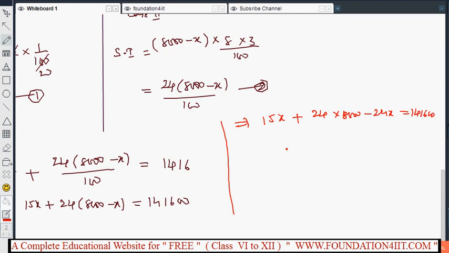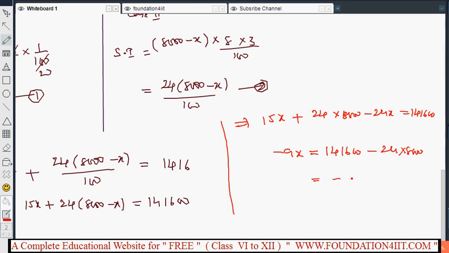So from this you'll get minus 9x, and take this and subtract the value, 141600 minus 24 into 8000, because that is minus.